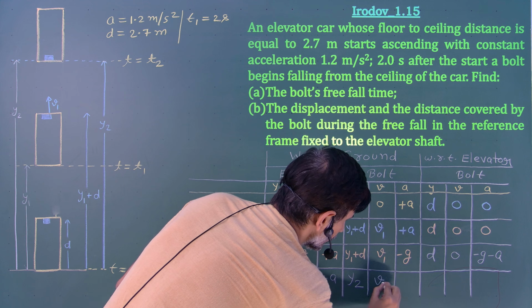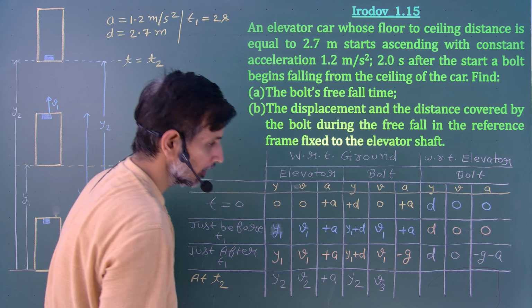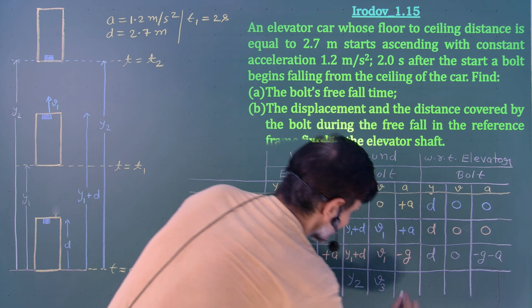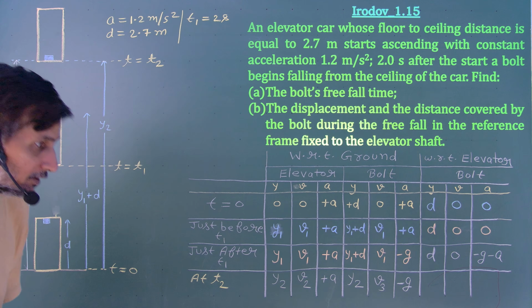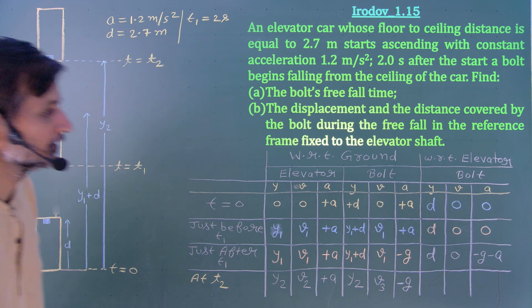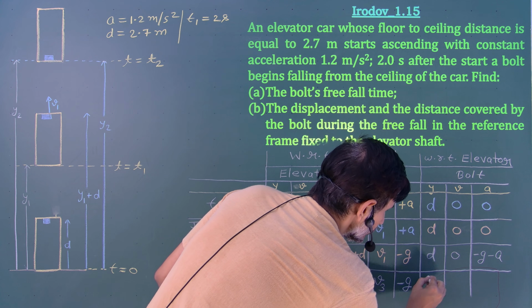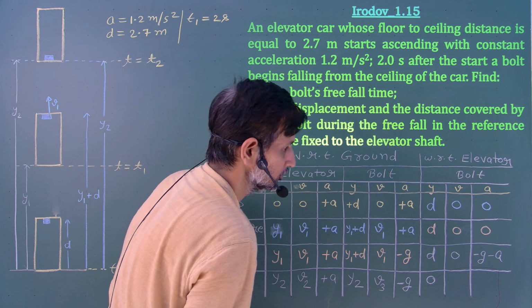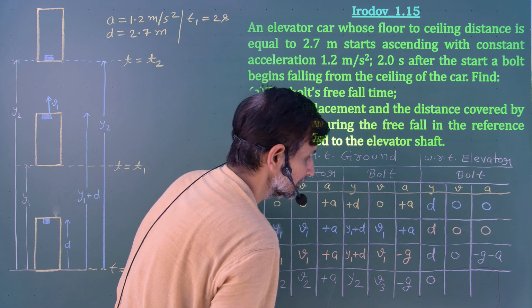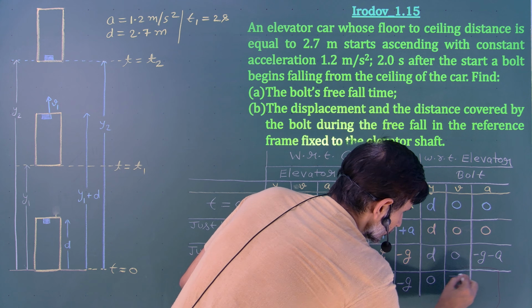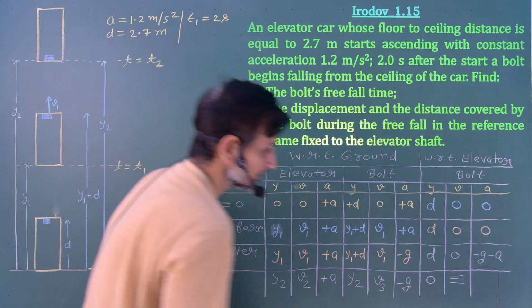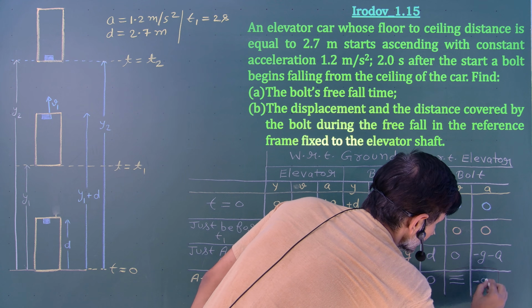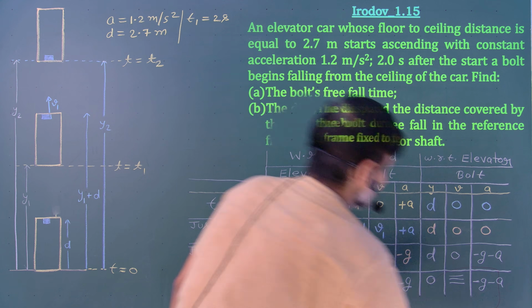I don't know, so I call it v3. And what is the acceleration? Acceleration is again minus g. What is the situation with respect to elevator? There is no distance, so distance becomes 0. Is there any relative velocity? Yes, there is a relative velocity. I don't know, so I leave this portion. Is there relative acceleration? Yes, there is a relative acceleration of minus g minus a.